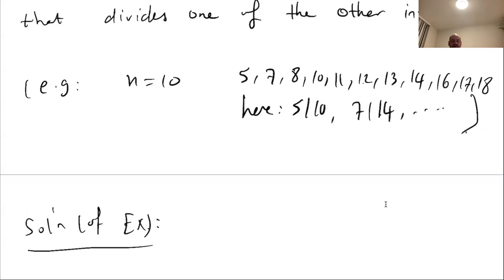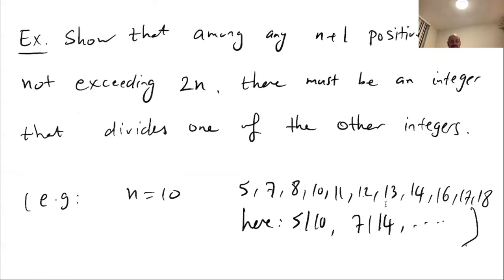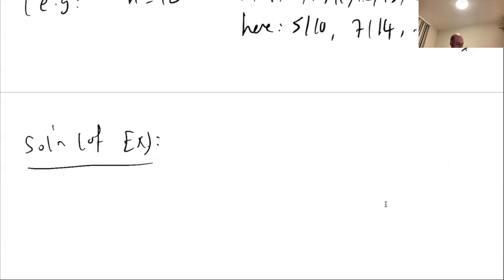Okay, so we have n+1 integers, or it says among any n+1 positive integers. So we have n+1 positive integers. So let's give names to them. Let's call them, for example, a1, a2 to a(n+1).